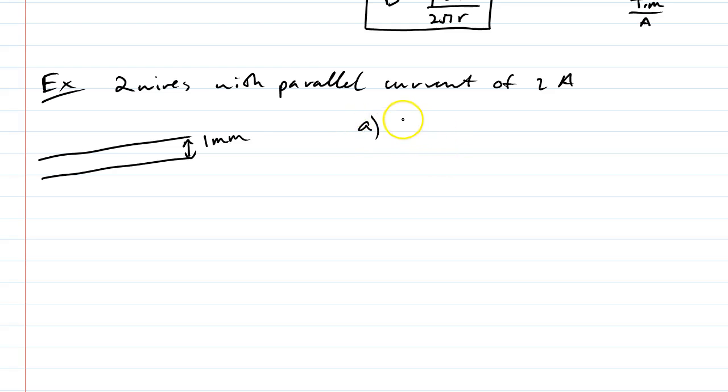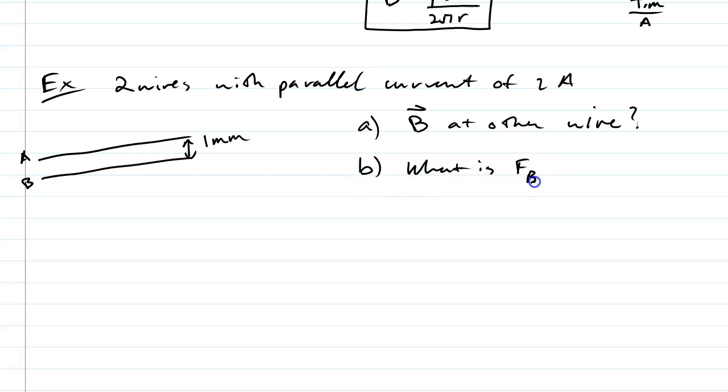What is the magnetic field on the other wire? So basically, we want to figure out, if we were focusing on wire A, how is that creating a magnetic field at wire B? And then part B is, we're going to ask, what is the magnetic force?